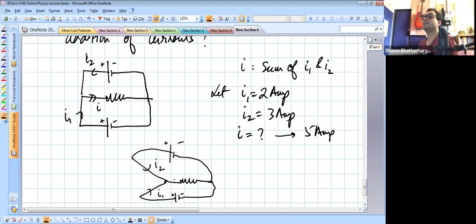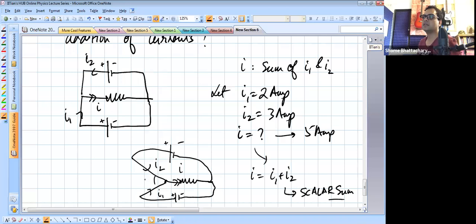But this net current I will still be the same. I will always be equal to I1 plus I2, what is called a scalar sum. This is how we add scalar numbers. This is how we add two volumes, or how we would add two masses. There's no question of this angle being involved.